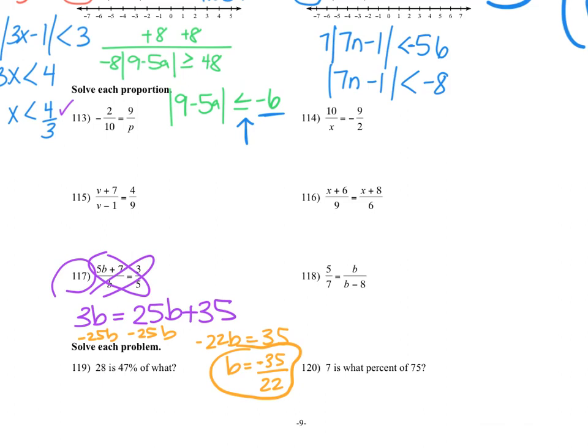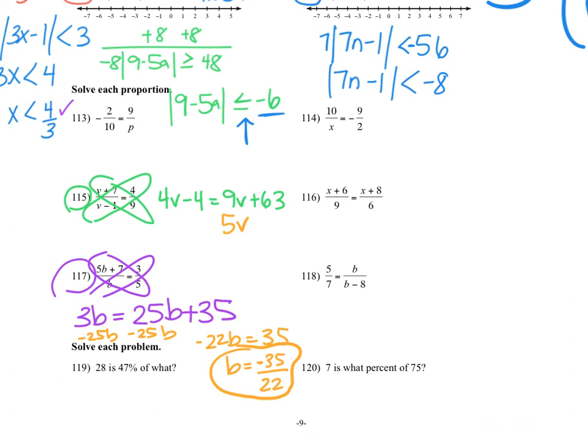Let's say we had something a little bit more complicated, like 115. So again, you're going to cross multiply. So I get 4v - 4 equals 9v + 63. Now I can put my numbers and letters on the same side. So I'm going to subtract 4v from both sides and I'll get 5v.